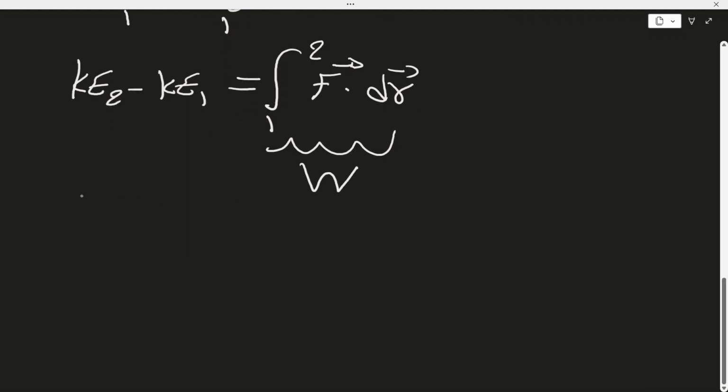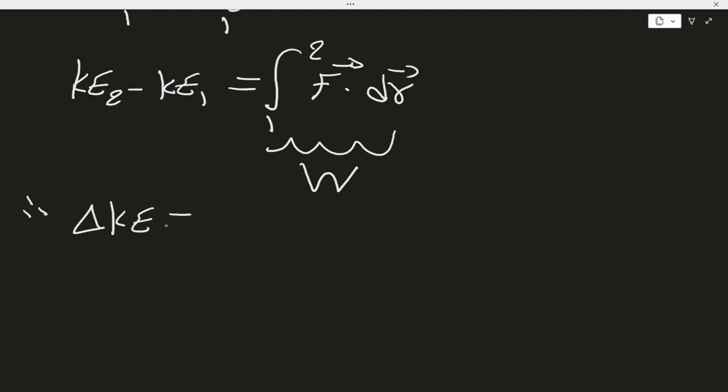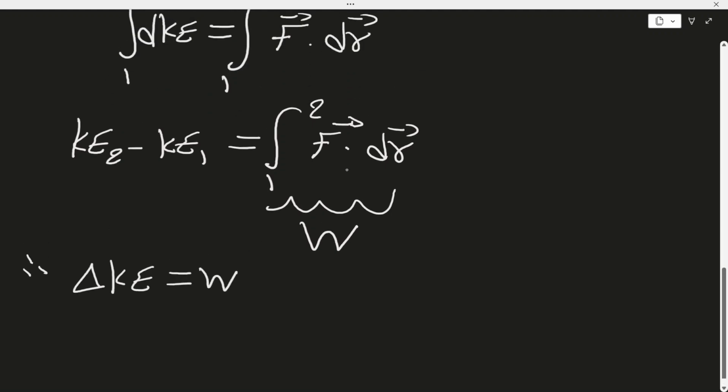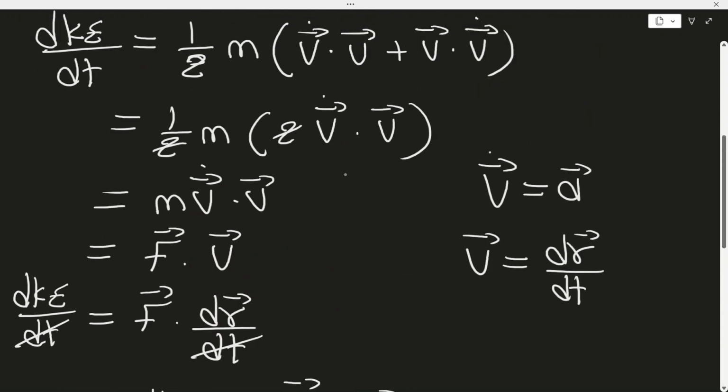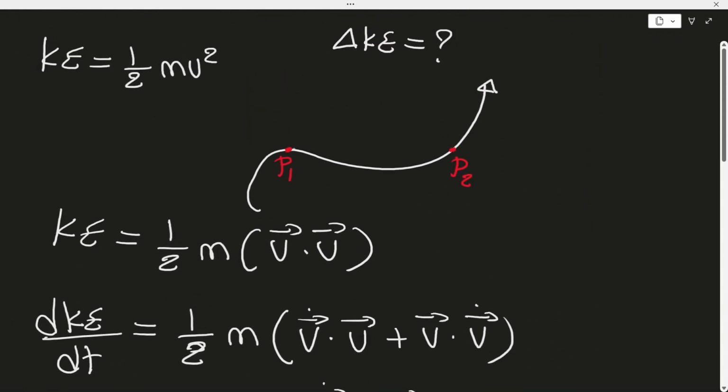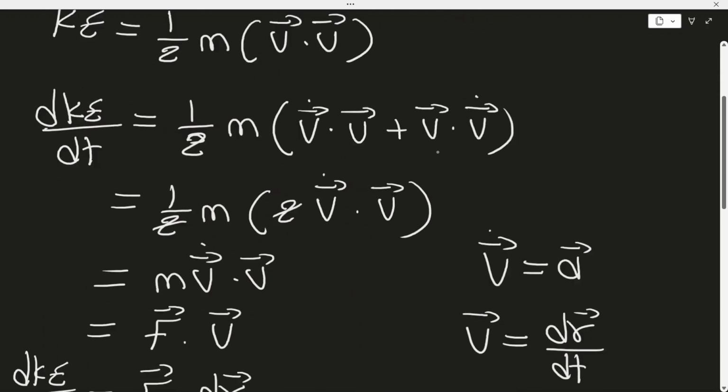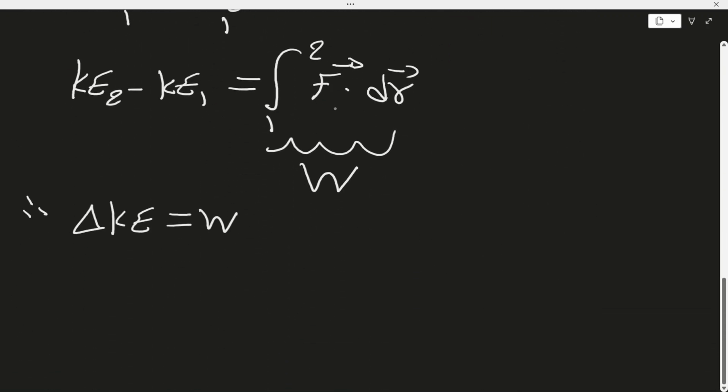Therefore, we have just derived that the change in kinetic energy is nothing but work. So in other words, to move the particle from point 1 to point 2, we have to apply a force along that path, along that infinitesimal displacement vector dr. That gives us the change in kinetic energy, which is also equal to the work.